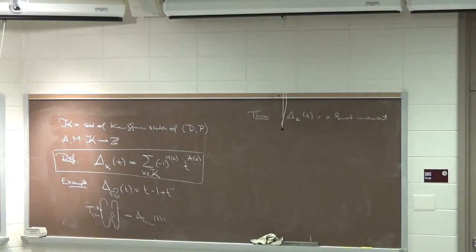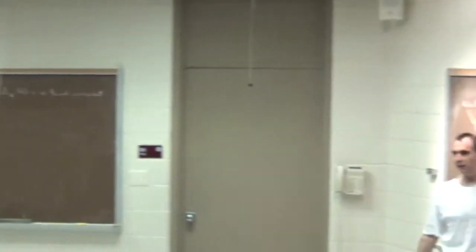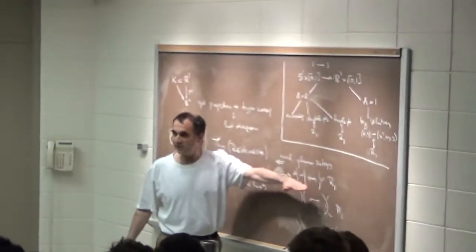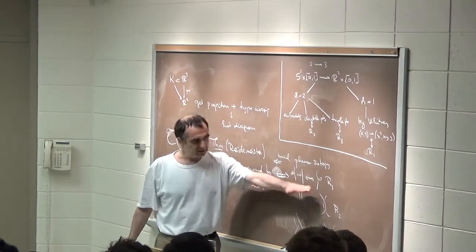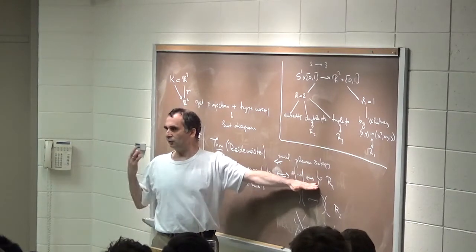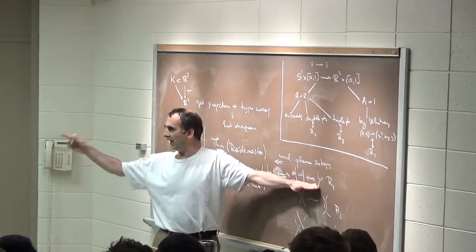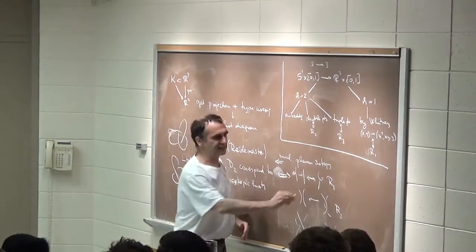Of course, nothing changes with planar isotopies, and then you have to check that nothing changes when you apply a Reidemeister 1, a Reidemeister 2, or a Reidemeister 3. This is very easy because, in fact, the set of Kauffman states will not change, and A and M will not change. So that's easy.